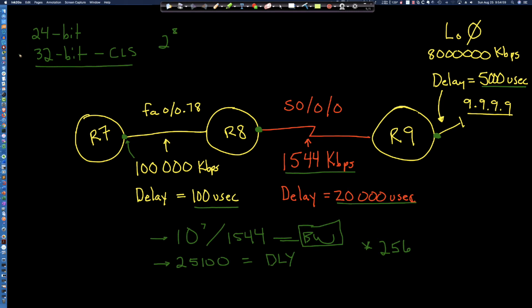Because we've got a difference of 8 here. If I was to subtract 24 from 32, so we go by powers of 2, 2 to the 8 is 256. Right? And so that's where that value comes into play. And again, it was to provide better resolution, more granularity when we're looking at the EIGRP metrics as opposed to the IGRP metrics. And remember, IGRP is deprecated. It's not a routing protocol that's being used anymore.